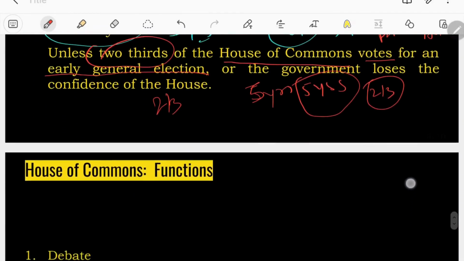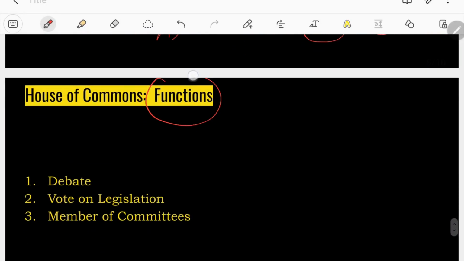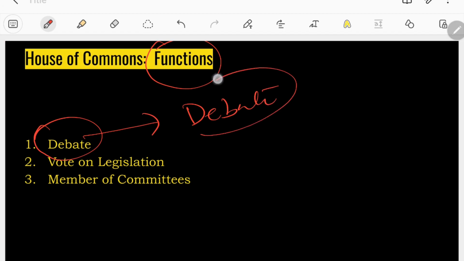Moving further, this is about the functions. What kind of functions they perform? You all know that they do the functions on the debate. So they do debates on certain important issues.